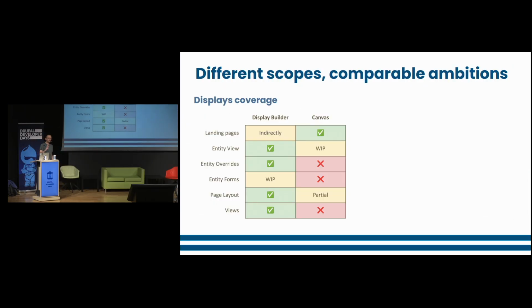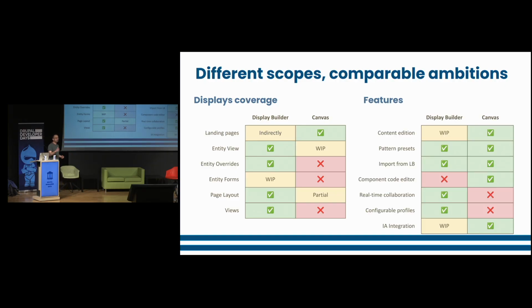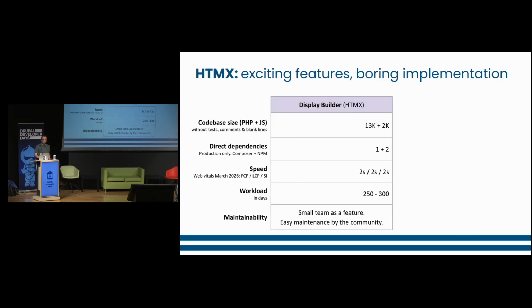They are very different. They go in different directions, but I believe they have the same ambition in complexity, even if the features and the coverage are diverging. So, Display Builder is small. It's very small. It's fast.